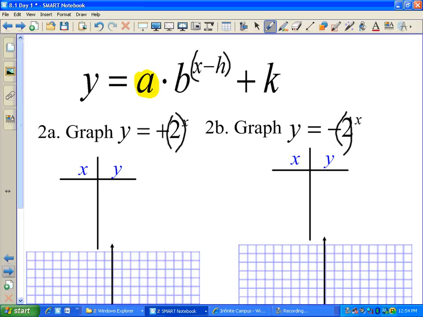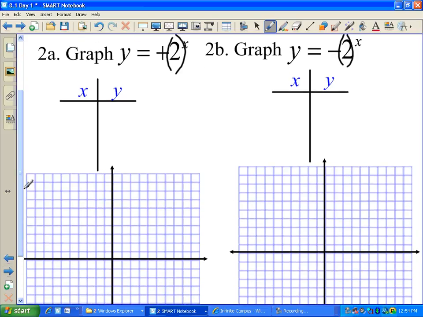If I wanted this negative to be taken as part of the exponent, I would literally have to put parentheses around it. If I draw it blankly like that, the assumption is that negative is outside of the exponent. And you need to know that. Your calculator works that way, mathematics works that way. Without parentheses, the negative is outside the exponent.